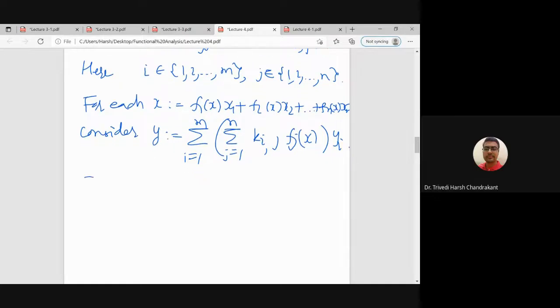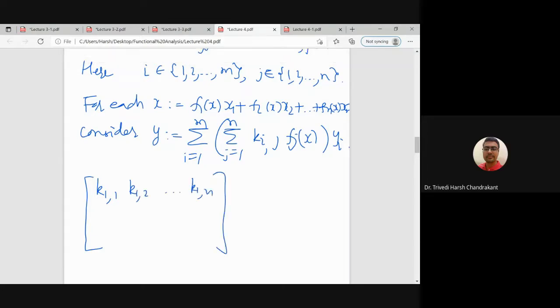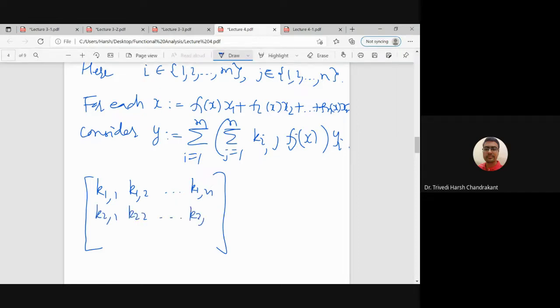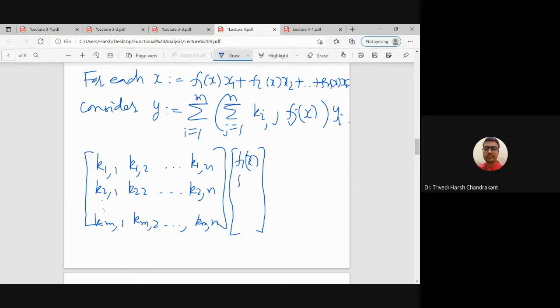So for example, if we multiply this matrix, which is k11, k12, ..., k1n, k21, k22, ..., k2n, and the last row is km1, km2, ..., kmn, with the coordinates of x, that is f1(x), f2(x), ..., fn(x).